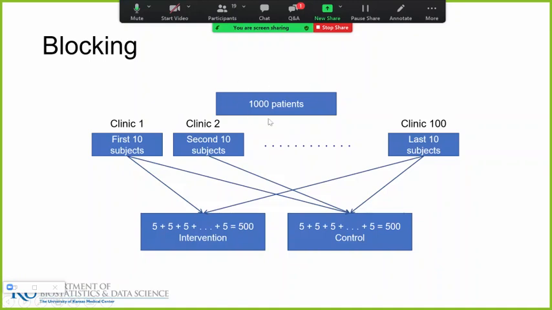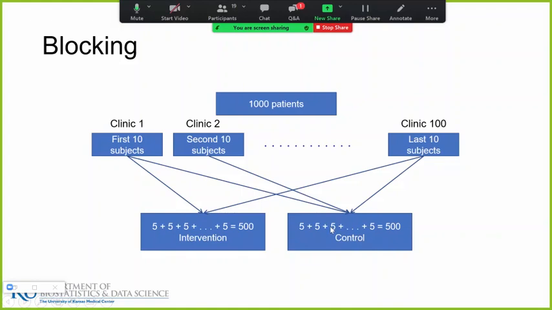So suppose we have a large multi-center clinical trial that's going to enroll 1,000 patients across 100 clinics. Each clinic is charged with enrolling 10 subjects. And within the clinic, what we do first is we block based on clinic. And then within the clinic, we randomize the participants 50-50 to the intervention or the control.